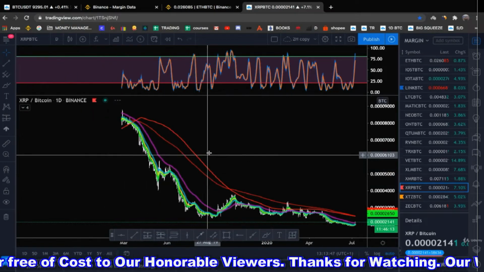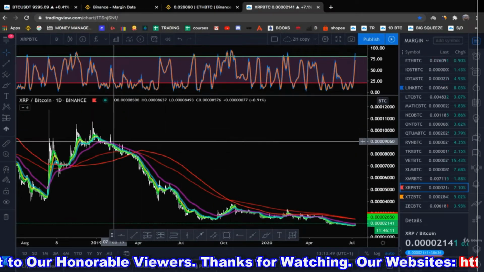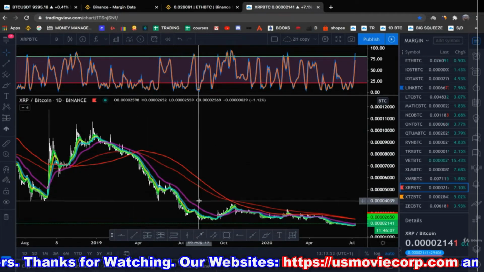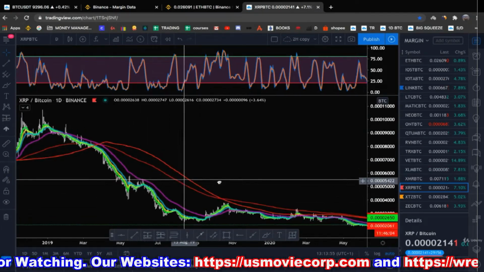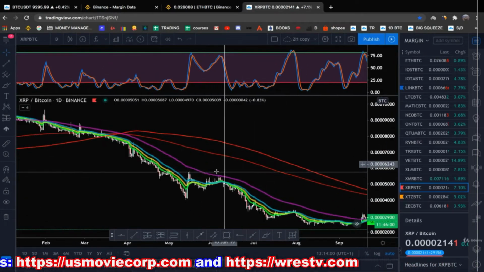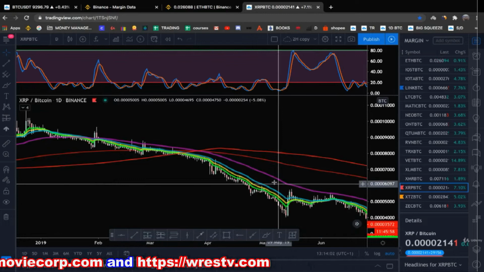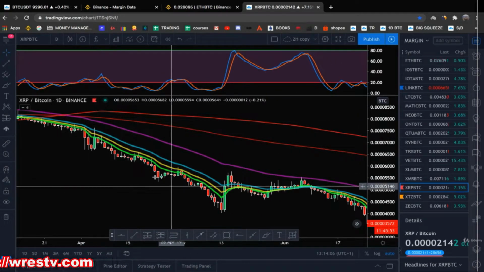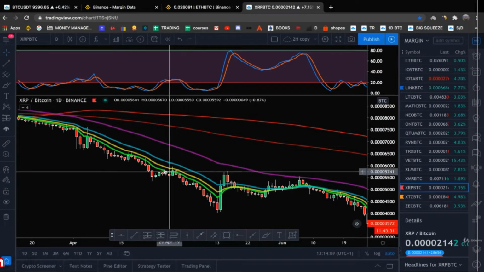When margin trading was not available, you were not able to participate in these huge moves down. But now with margin trading, you can simply short Ripple without even owning it. This is the advantage of margin trading. You don't have to own it to short it, and then you buy it back lower and make money.